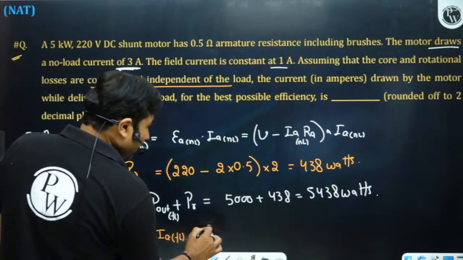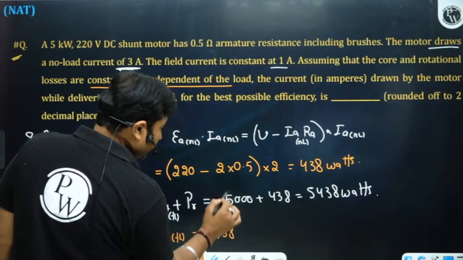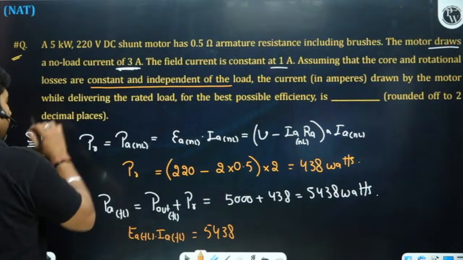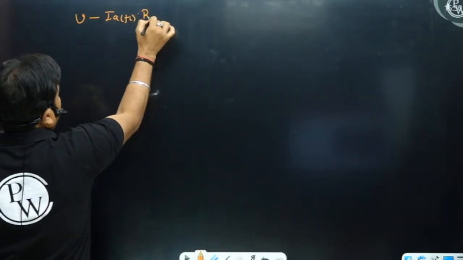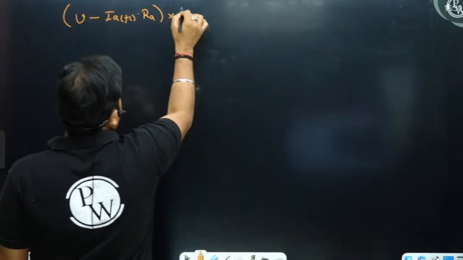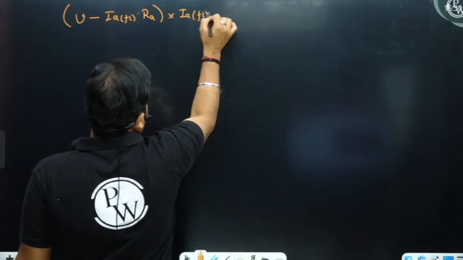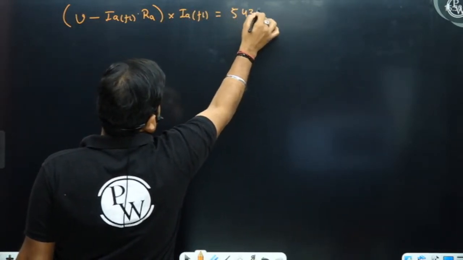So EA into IA under full load condition is 438 watts, and EA is V minus IA full load into RA, into IA full load, equals 438.